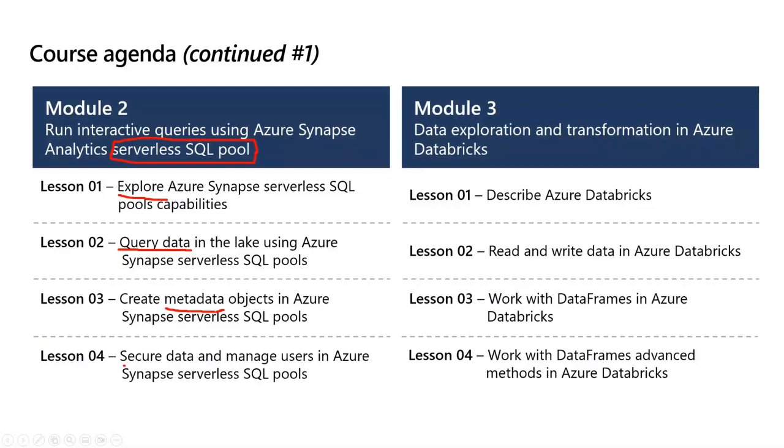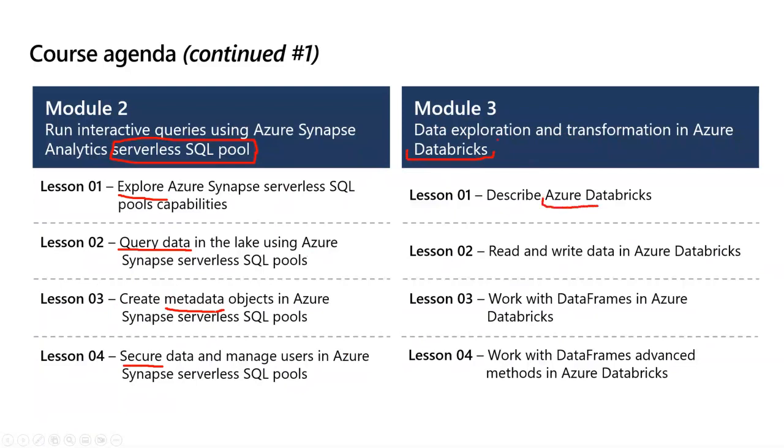The security is always fundamental. Okay, very fundamental. So the third module will be about exploration and transformation, and that's in Databricks. Databricks is a very useful tool when you are talking about data science, when you want to get out the forecasting, predictive analytics.